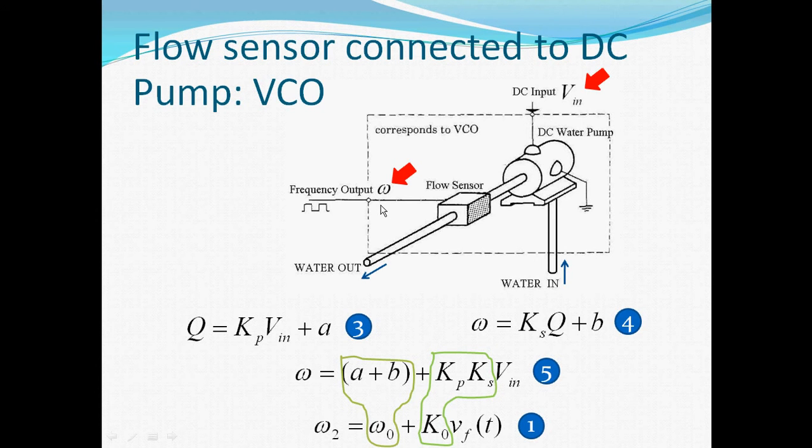A relationship between the angular frequency of the output signal of the flow sensor and the flow rate can be considered as equation 4, where Ks is the gain of the flow sensor and B is a constant.